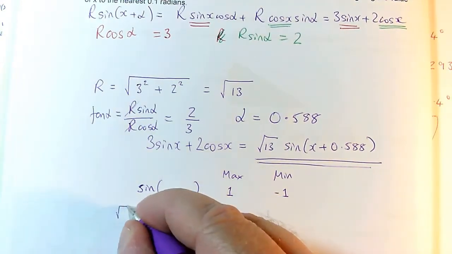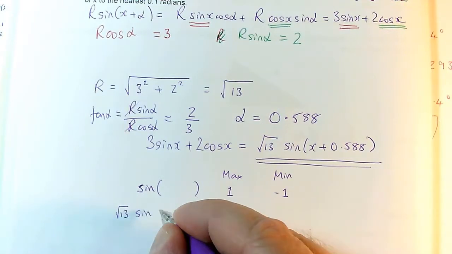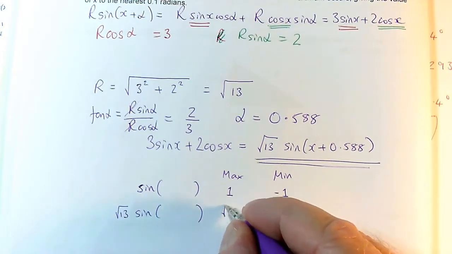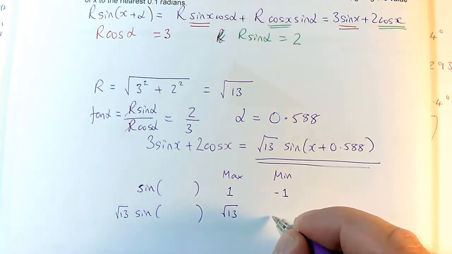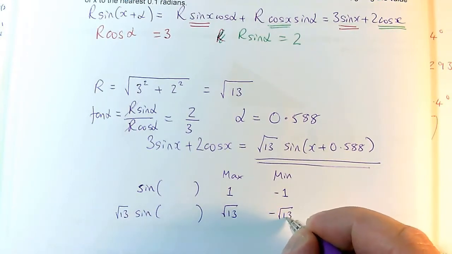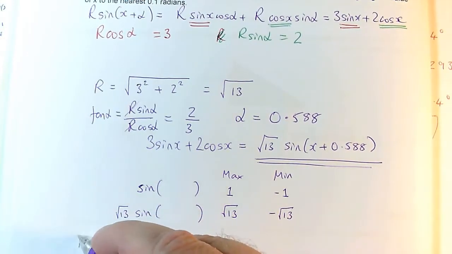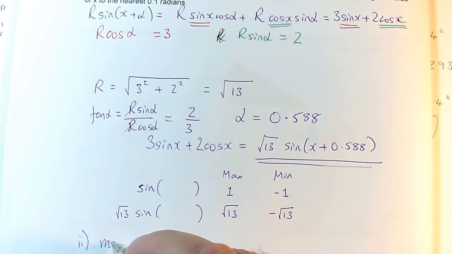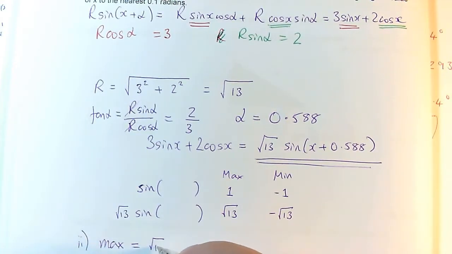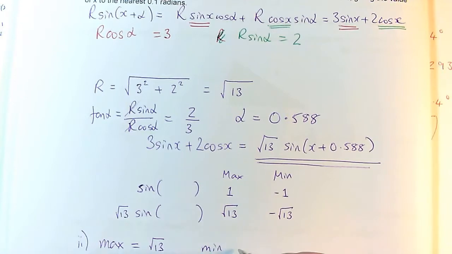So if I do root 13 times sine of the bracket, the maximum is root 13, and its minimum is minus root 13. So that is my answer to part 2. The maximum value equals root 13, and the minimum value is minus root 13.